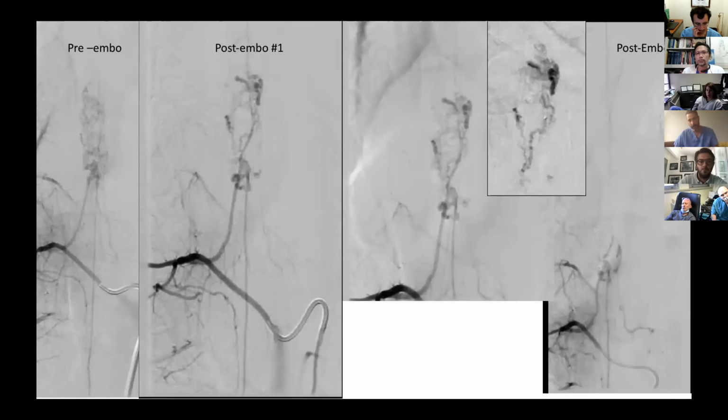So I like these cases to compare them because of the presentation, asymptomatic versus symptomatic. The anatomy is comparable, but importantly different in terms of the location and type of nidus and treatment approach.